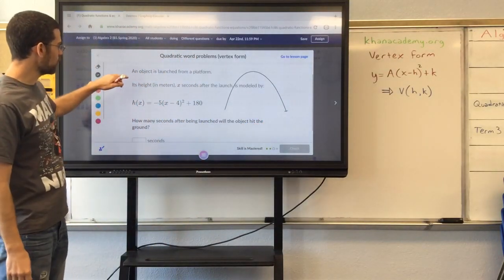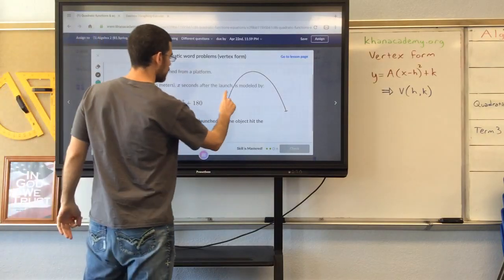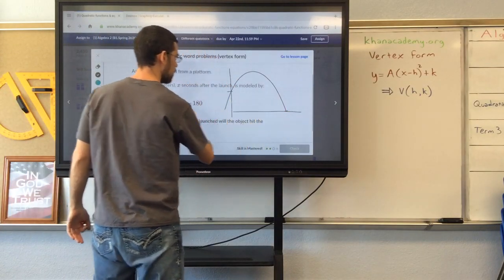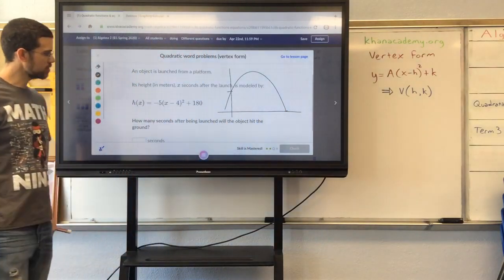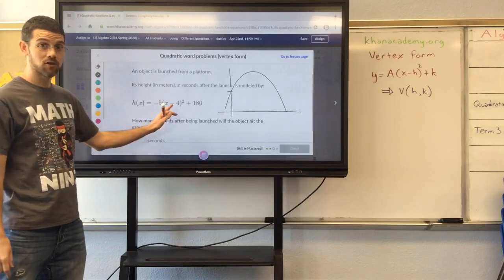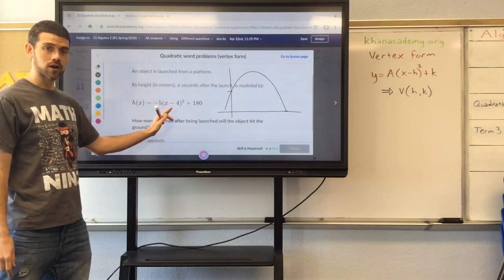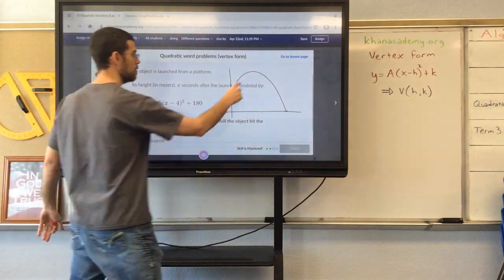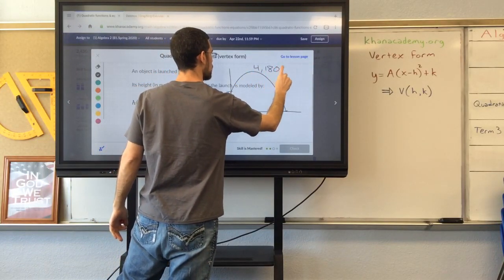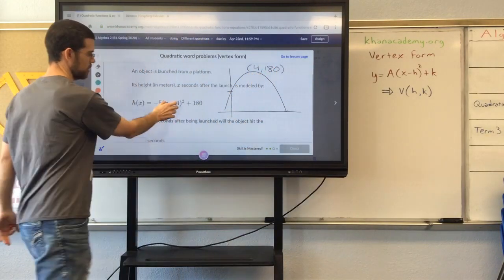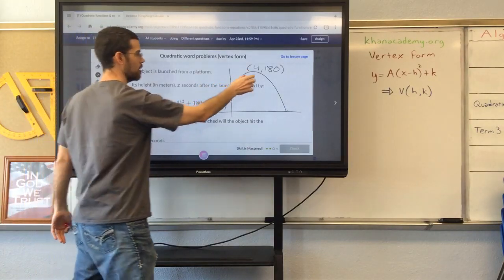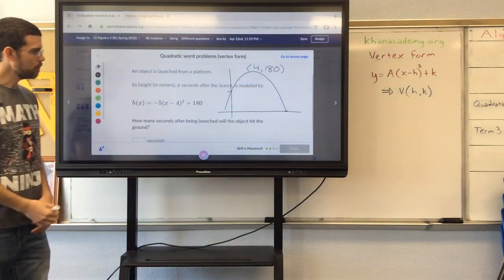It started off on a platform, right here. So my graph will look something like that. We know from vertex form that this has a vertex at 4, 180. The opposite of -4 for our x coordinate and positive 180 for our y coordinate.